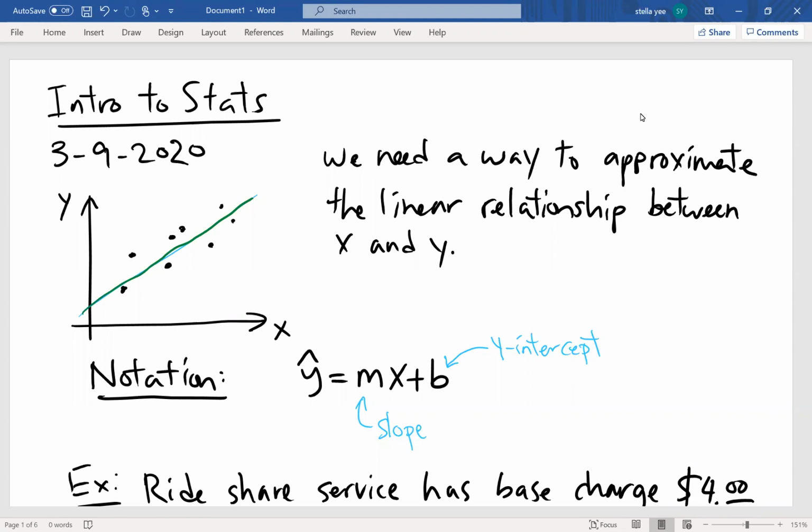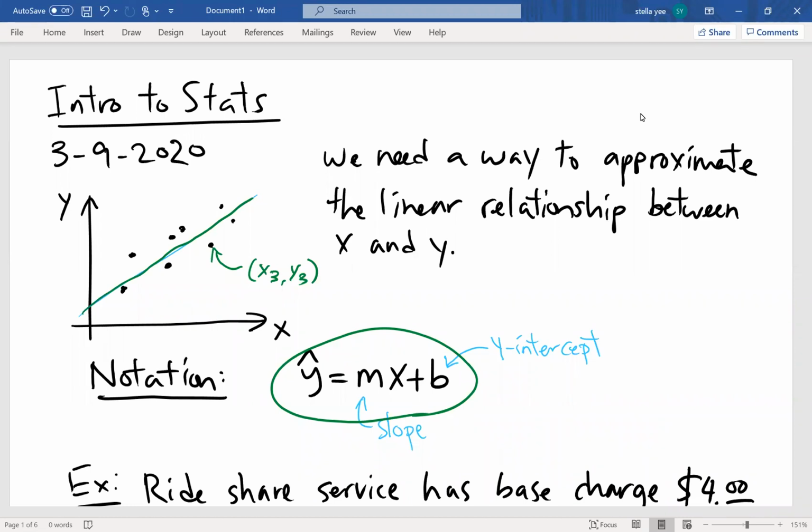Okay, so let's talk about the notation first. When we talk about the points x and y, x and y are actual data points collected. So maybe a point here is x3, y3, the third observation in the data set.